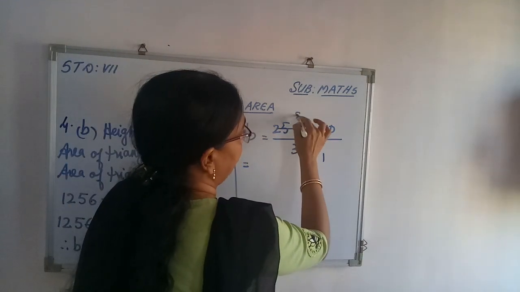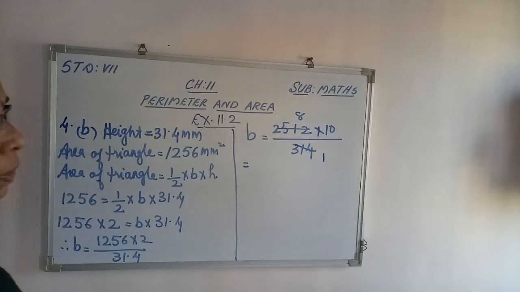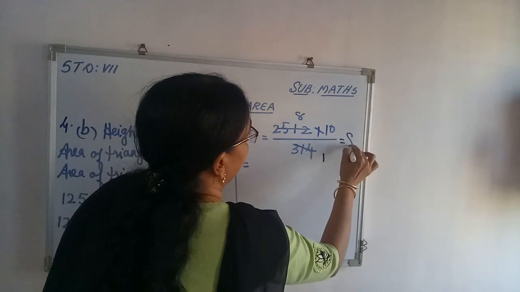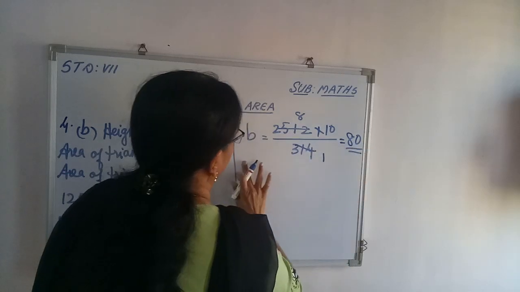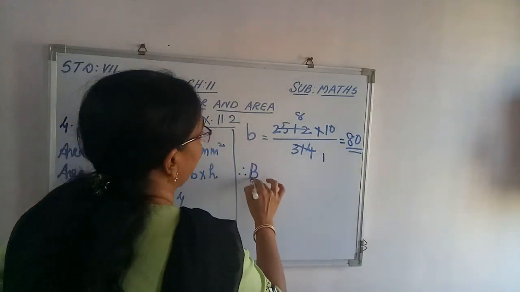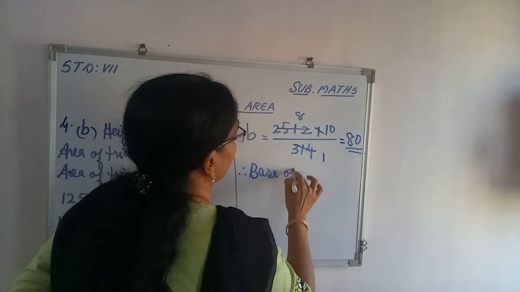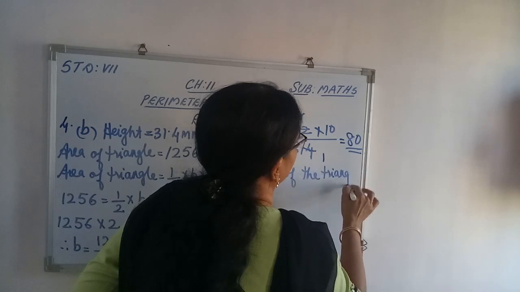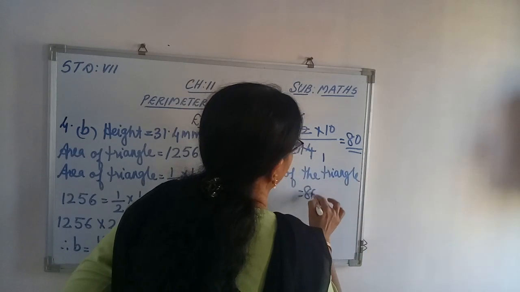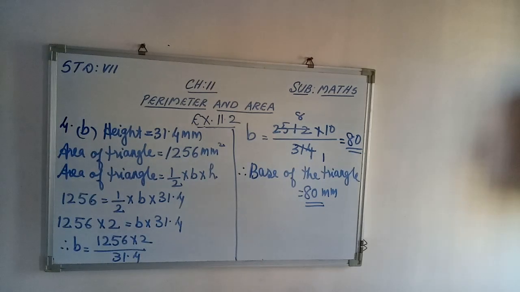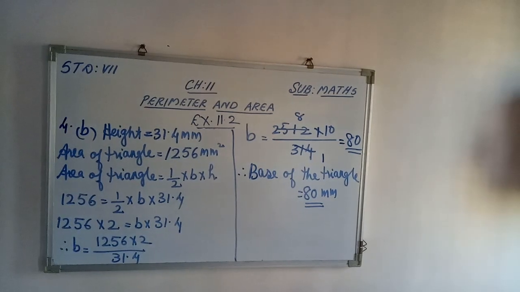Ones are 8, so you will get 8 here. The answer 8 into 10 will give you 80. Therefore, the base of the triangle is 80 millimeter. Is that clear?